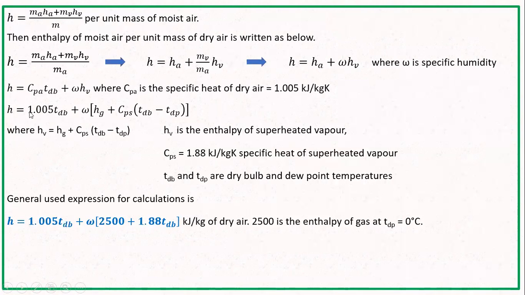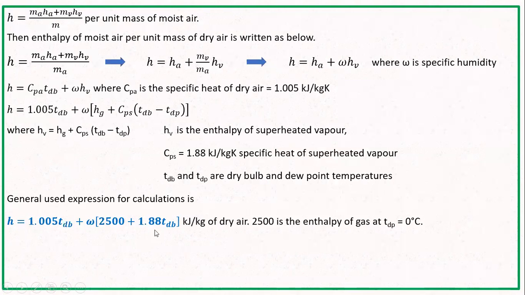Substitute here. Now h is equal to 1.005 into Tdb plus omega into, what is h of the vapor? We have already studied in BTED. As superheated vapor, it will be hg plus Cp into delta T, that is Tdb minus Tdp, dry bulb temperature minus dew point temperature. That is the point where the air is saturated.